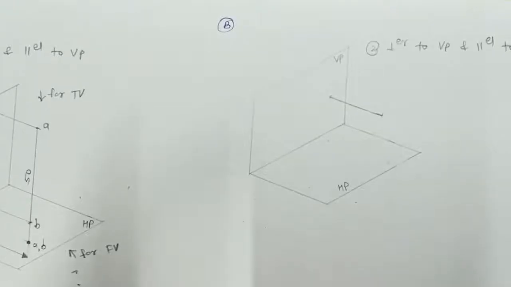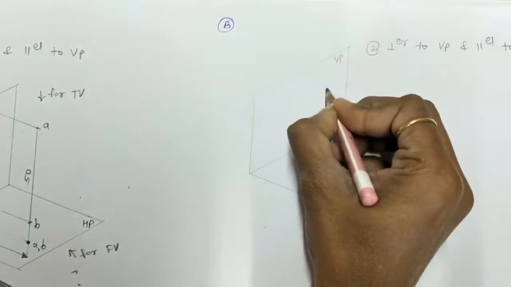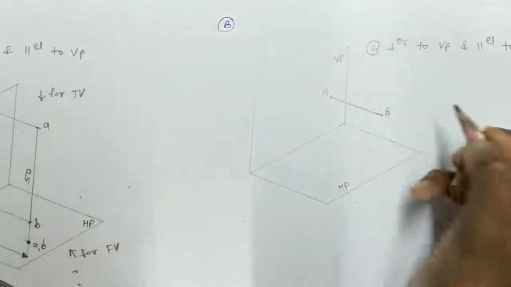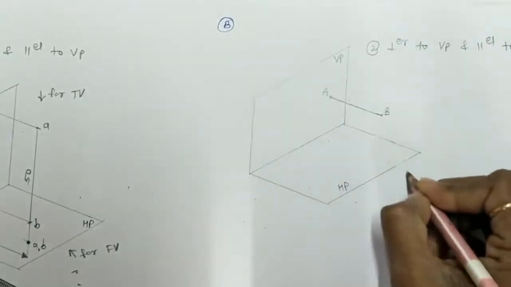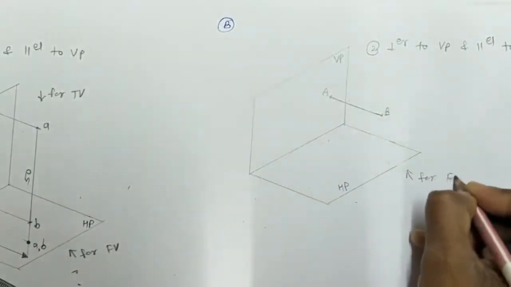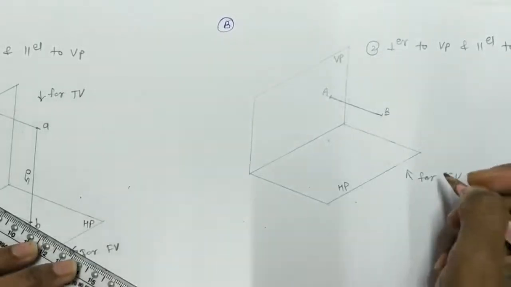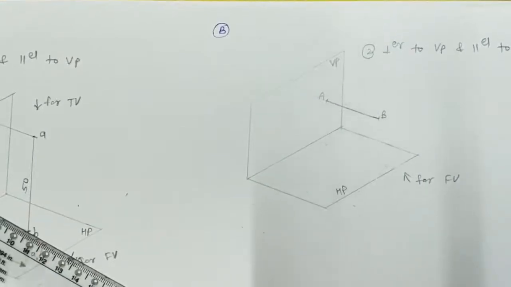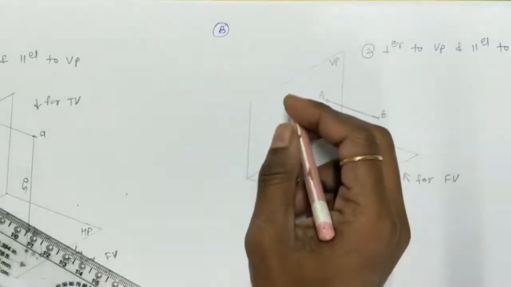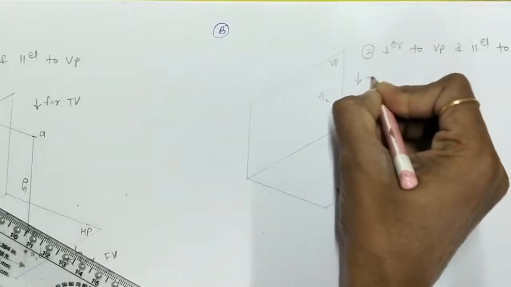Now give names to these points as point A and point B. Now this is the direction for front view, that is the direction of the observer, and this is the direction for top view.